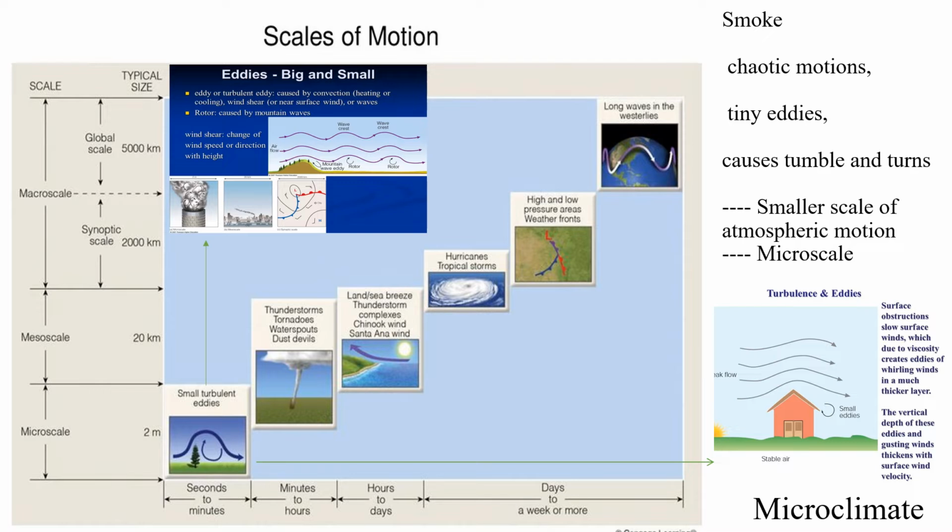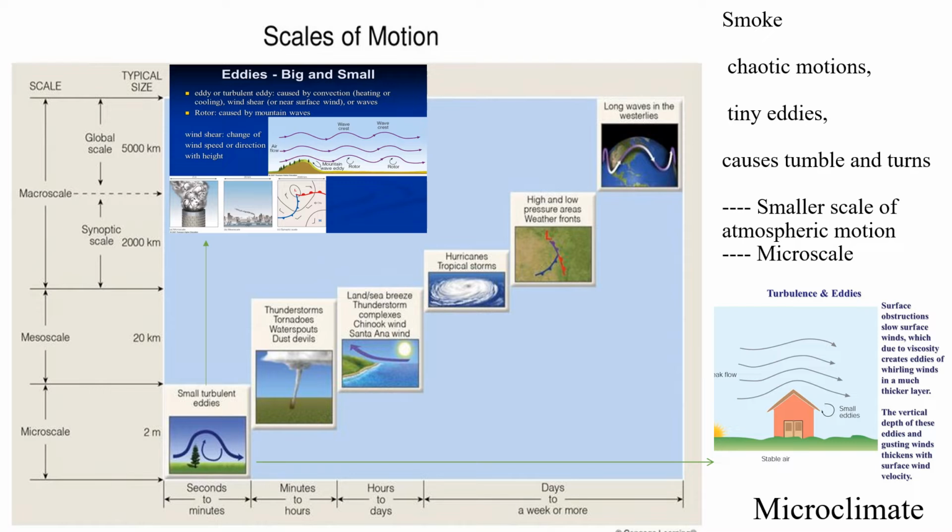So considering first the smoke rising from a chimney into the otherwise clean air in an industrial section of a large city. Within the smoke is small chaotic motion. We can see tiny eddies, and those are causing it to tumble and turn.